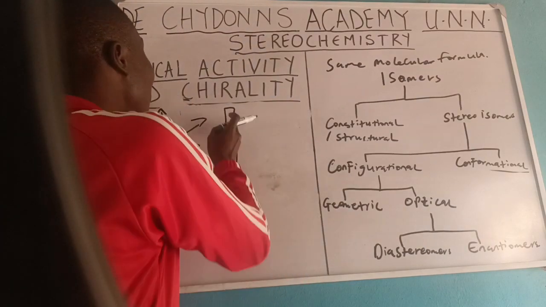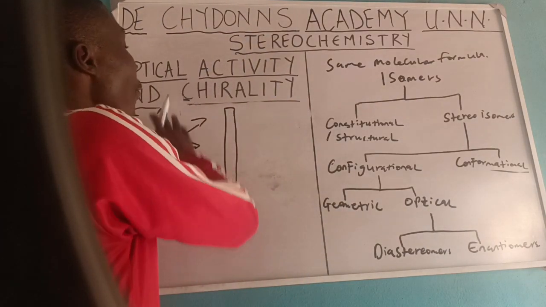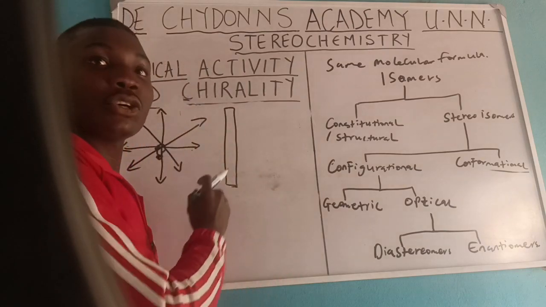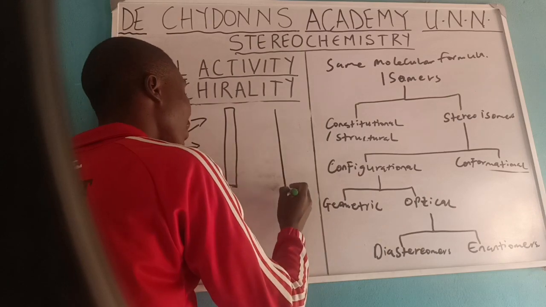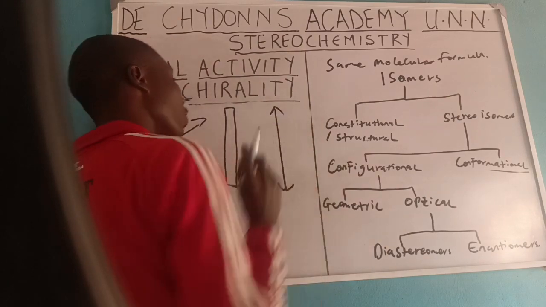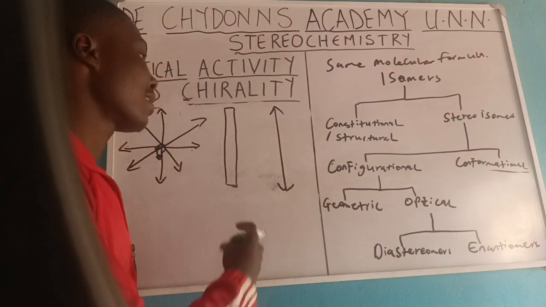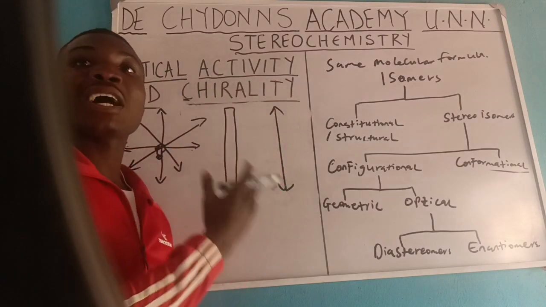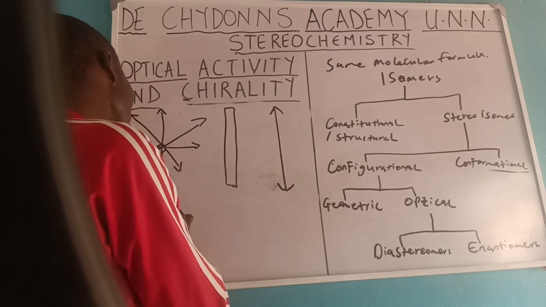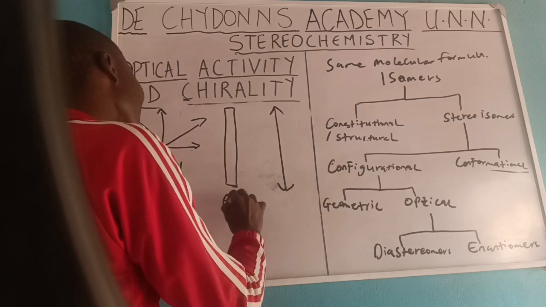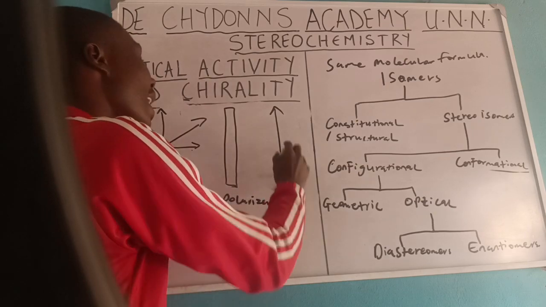So with this polarizer, instead of having multiple directions of vibration crossing, we'll have just a single vibration on one plane crossing through. That's what we refer to as polarized light. So this is the light source, this is our polarizer, and then this is our polarized light.